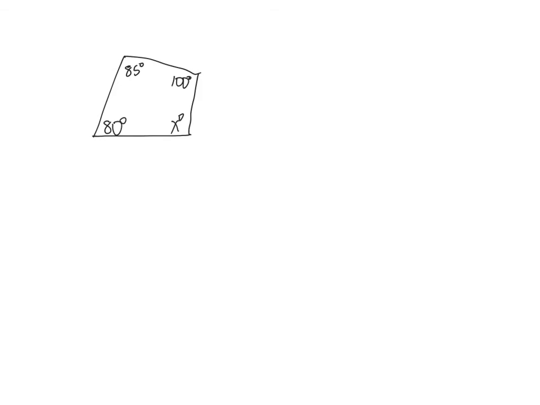And in the directions for this group of problems, it will say the sum of the angles of a quadrilateral, that means 4 sides, so we have 4 sides, is 360.